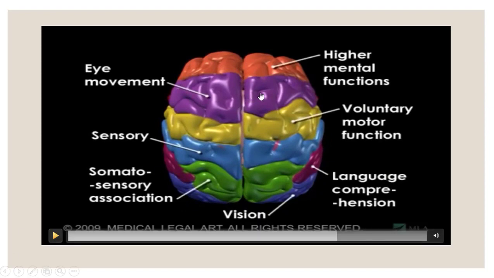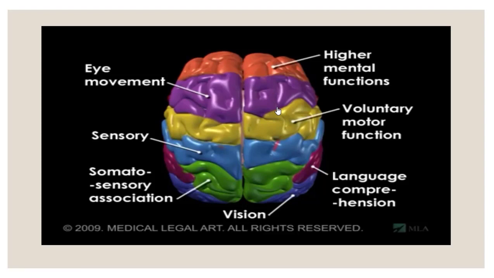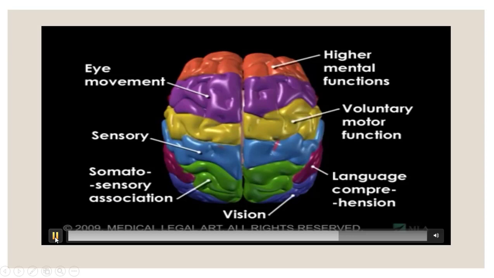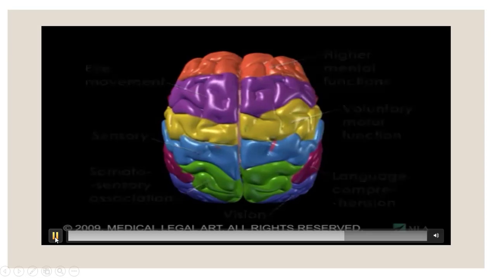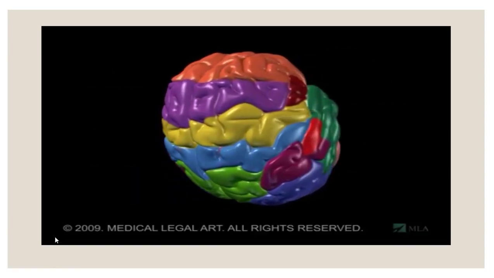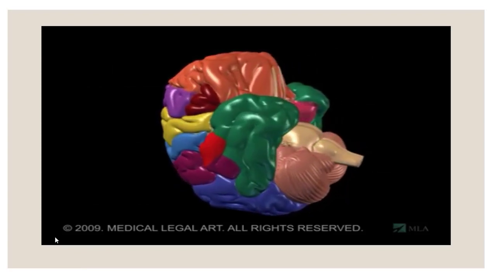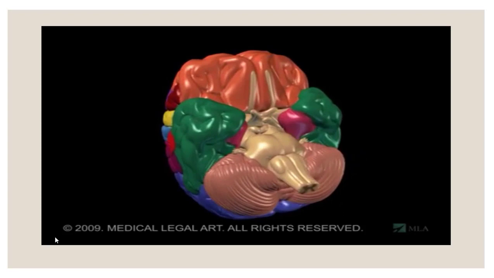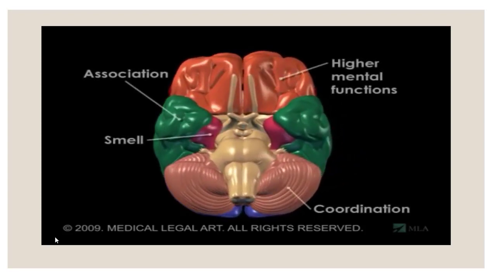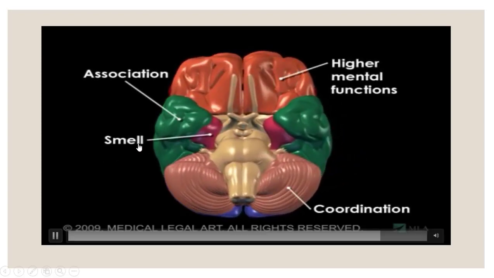Each part in the brain has a specific function in sensation. And now we will show the important sensory point, smell, which appears from the down view.